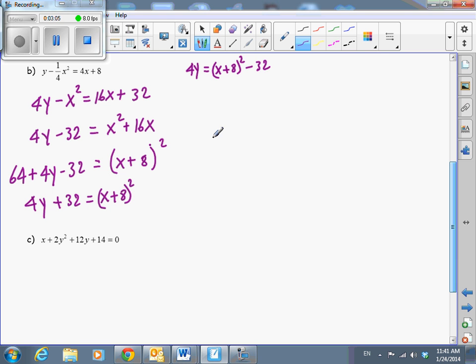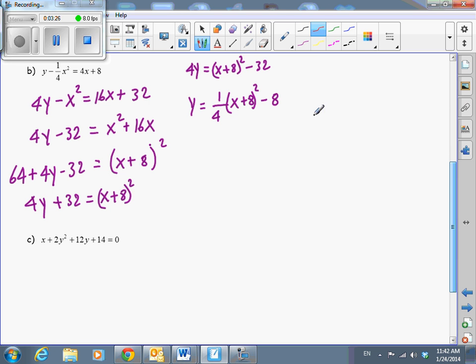And I divide everything by 4 to get 1/4. Note how I'm writing the value now. And 32 divided by 4 is? Eight.